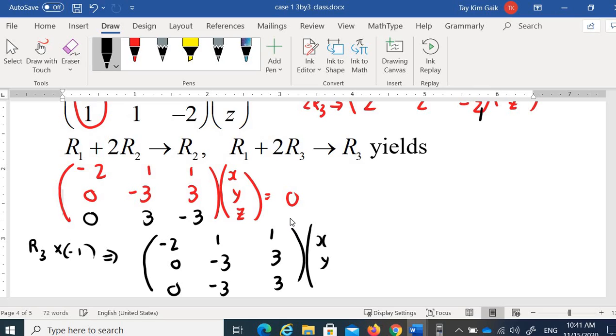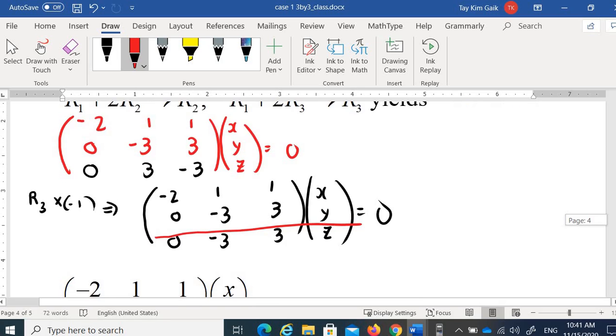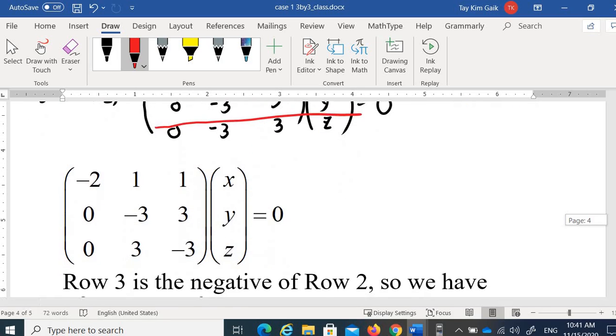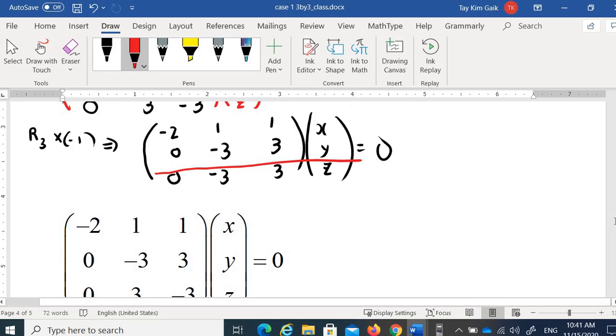Hence, these two rows are actually the same, so you can reduce it. That's why, from 3 unknowns with 3 equations, we reduce to only 2 equations, because these two are the same.